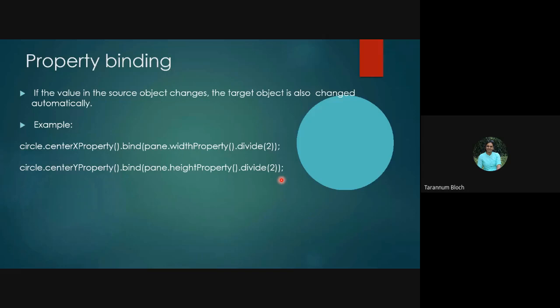Is it clear? Anyone having any doubt or any question? Are you getting the point? Fine. So this is called property binding. We have a source property and a target property. If the source object is changing its property, obviously the target object will be affected.